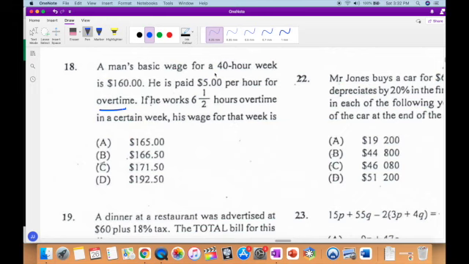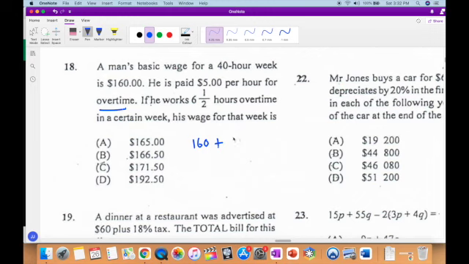So the man's basic wage for a 40-hour week is $160. He worked the 40-hour week, so he makes $160. That is the money that he makes without overtime. He made $160, and now he is paid $5 per hour for overtime, and he works 6.5 hours.